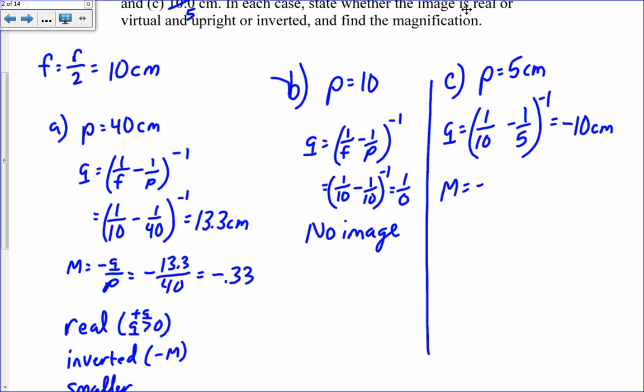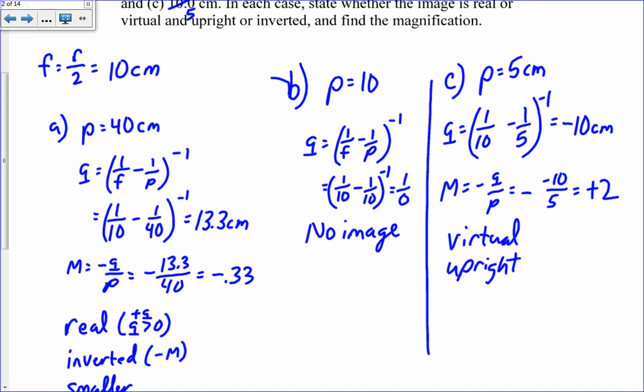My magnification is positive 2. So now I have a virtual image because Q is negative. I have an upright image because magnification is positive. And I have a bigger image because my magnification is bigger than 1.